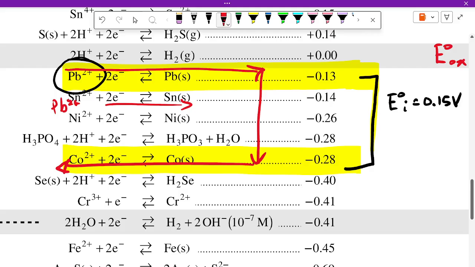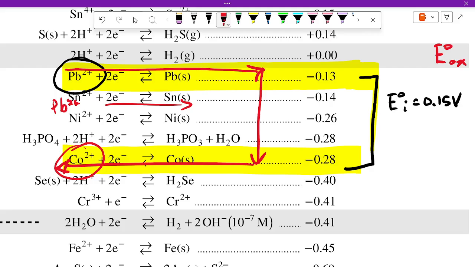And then with our cobalt, as time goes on, what is happening to the concentration of cobalt? It's going up. So which direction is that going to push that equilibrium? If this increases, it's going to push it to the right, yes?